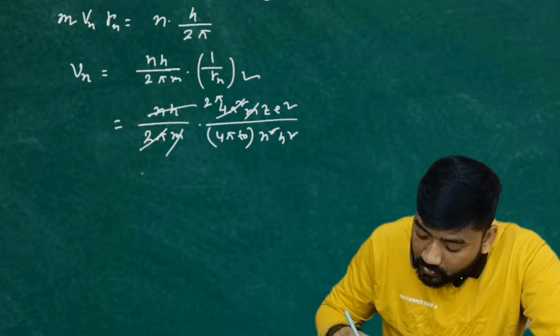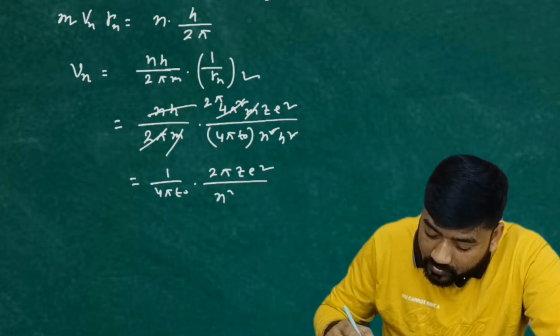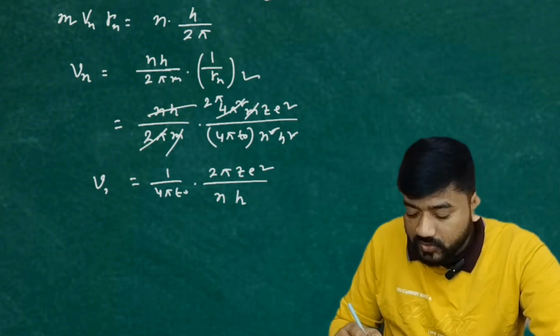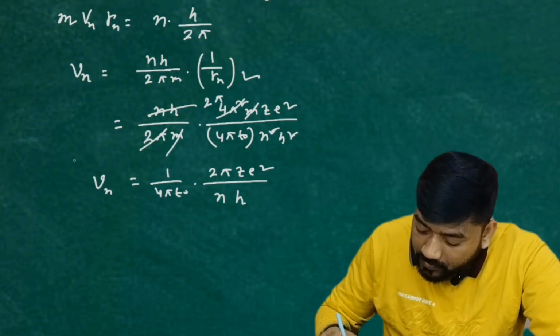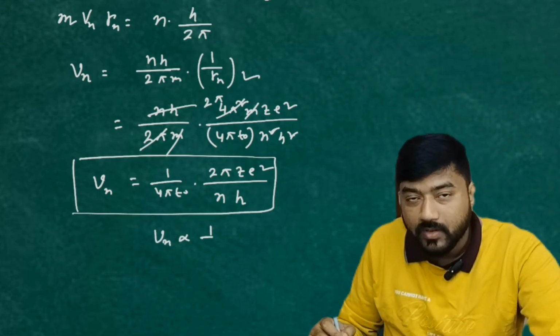So it will be just 1 upon 4 pi epsilon naught into 2 pi z square upon nh. So you can see the speed of the electron in nth possible orbit is directly proportional to 1 upon n. So you can see from here Vn is directly proportional to 1 upon n.